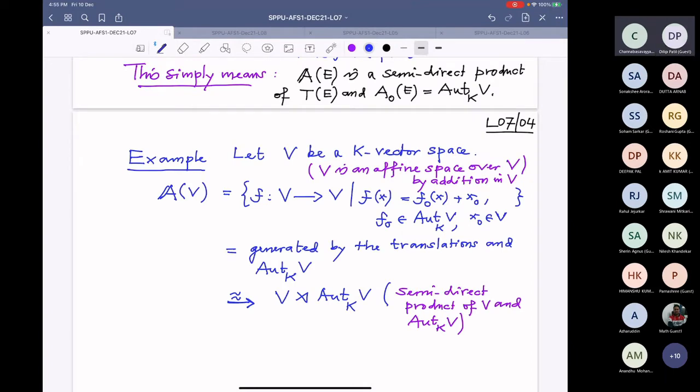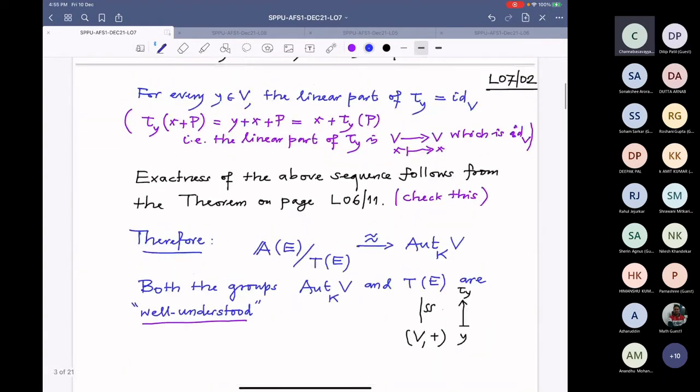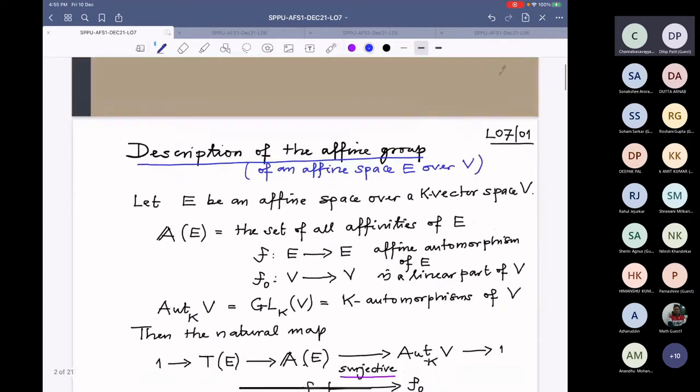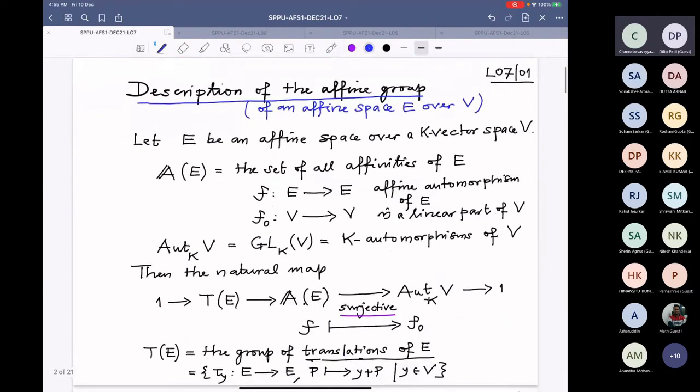All right, so I want to describe this affine group. Whenever you say describe a group, what does that mean? For example, in the last exercises we described the dihedral group.